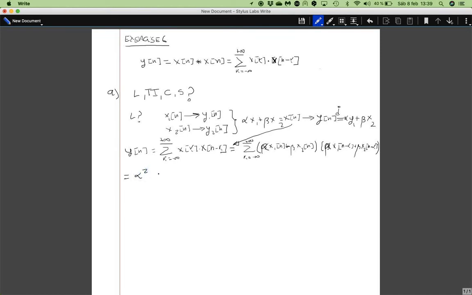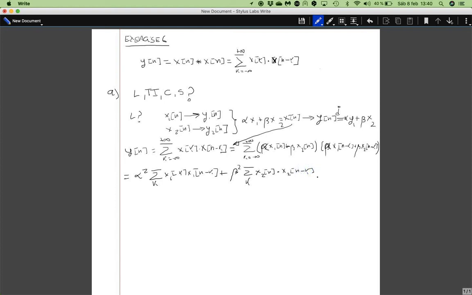So alpha squared times the summation in k from minus infinity to infinity of x1[k] x1[n minus k], plus the second term multiplied by the second term, which will be beta squared times the summation in k of x2[k] multiplied by x2[n minus k].